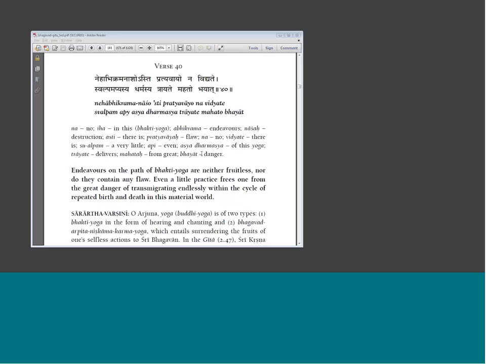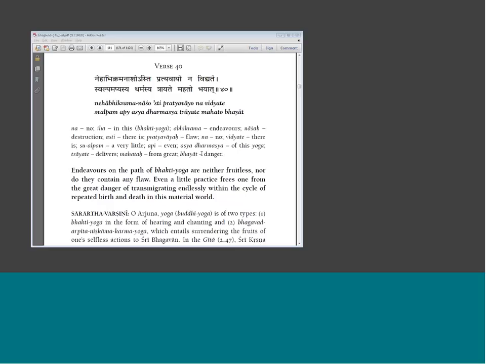Neha vikramanashosti pratyavayo na vidyate swalpam apyasya dharmasya trayate mahato bhayat. So Krishna here is referring specifically to someone who is doing bhakti yoga or karma yoga, and he is saying that if someone makes a little bit of advancement, it is never lost, and it can protect one from great fear.